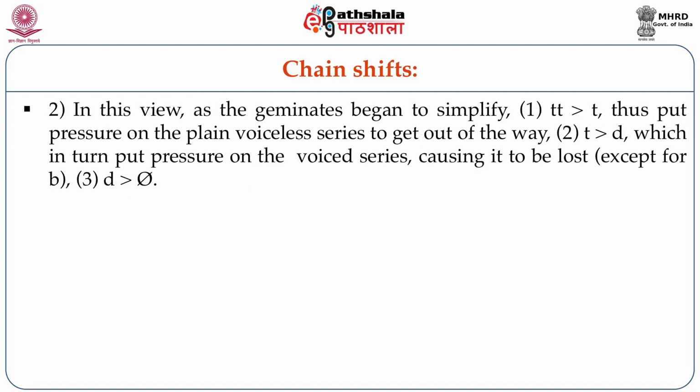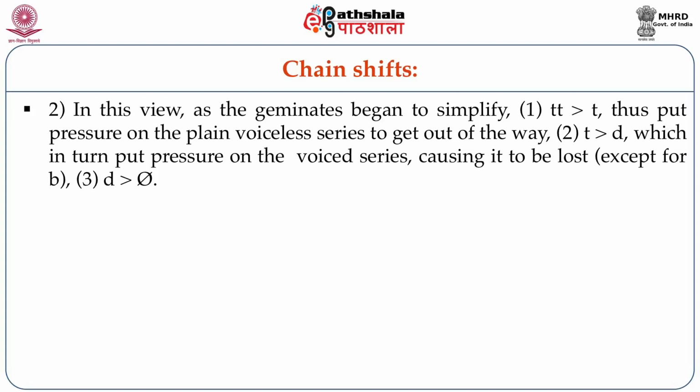Second possibility, as the geminates began to simplify, becoming single, this put pressure on the plain voiceless series to get out of the way. So, ta becoming da, which in turn put pressure on the voiced series, causing it to be lost except for ba.